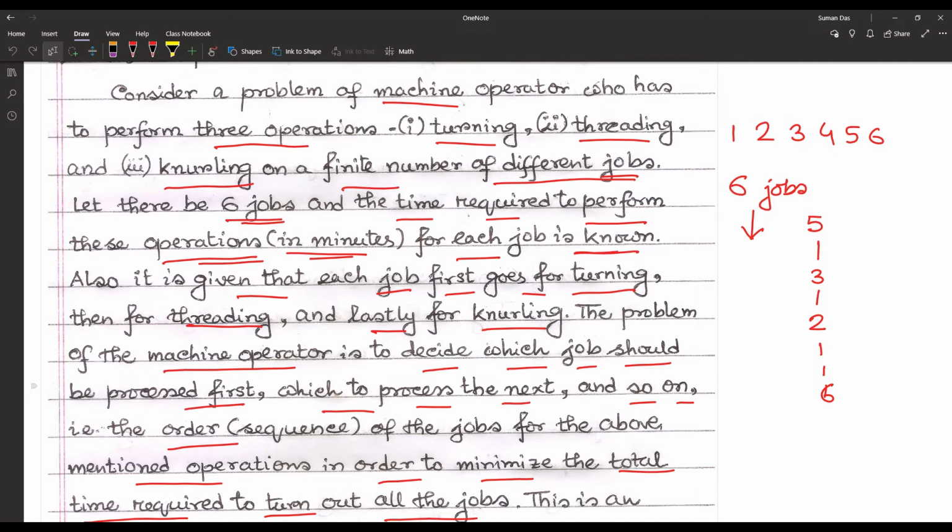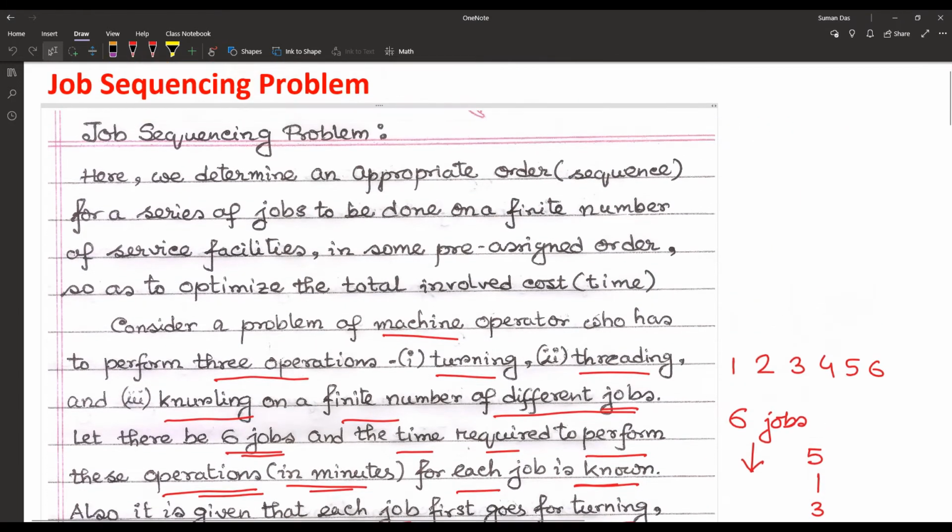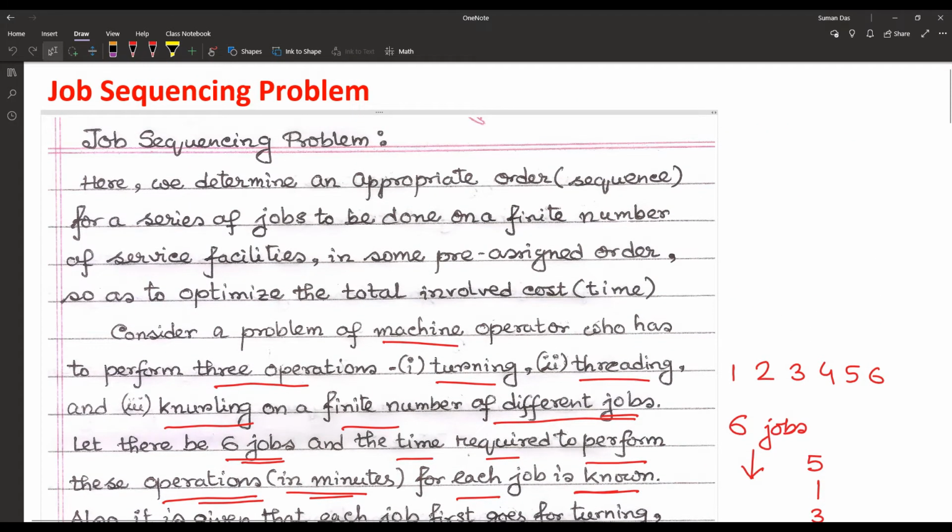So there must be some sequence for the jobs, with regard to the machines, to perform the complete procedure in minimum time. That is the complete theory of the job sequencing problem.